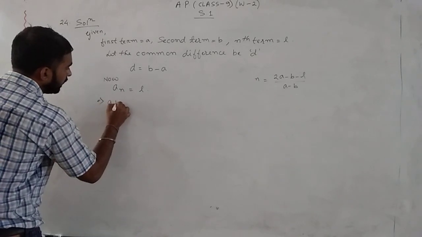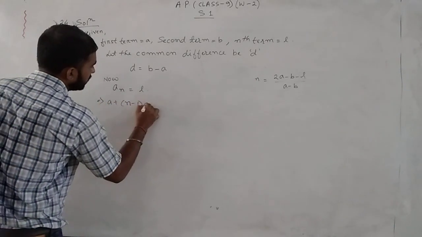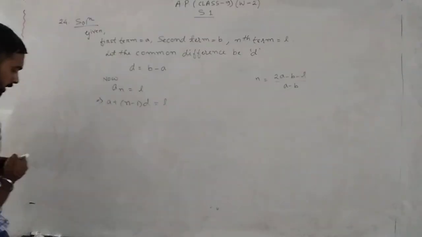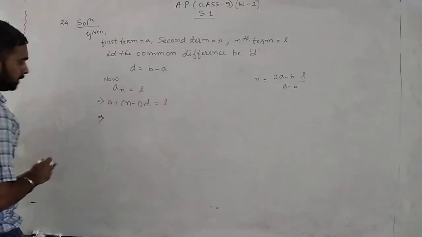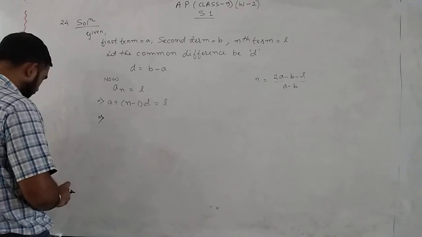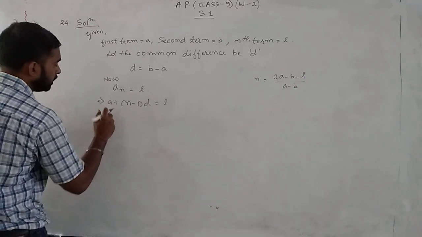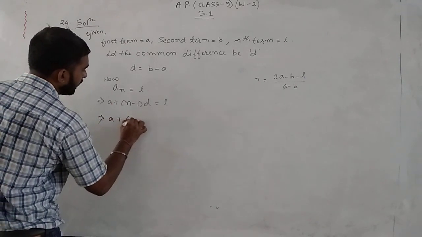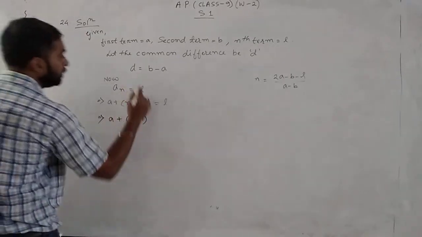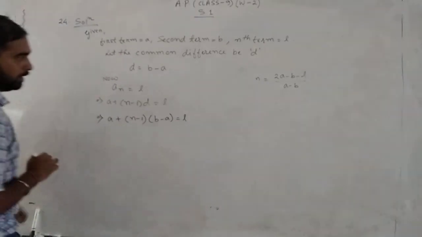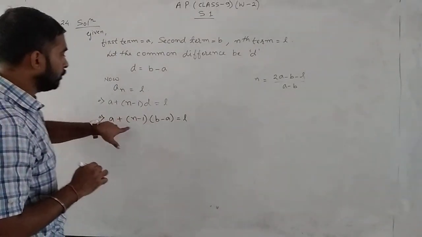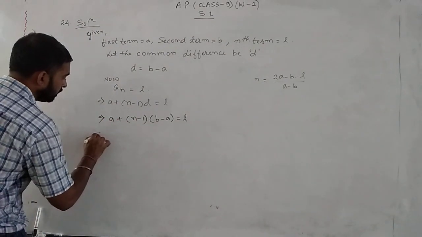The An formula: A plus n minus 1 D equals L, which implies A plus n minus 1 D, where D means B minus A, equals L. Now we have to find the value of n from this equation.